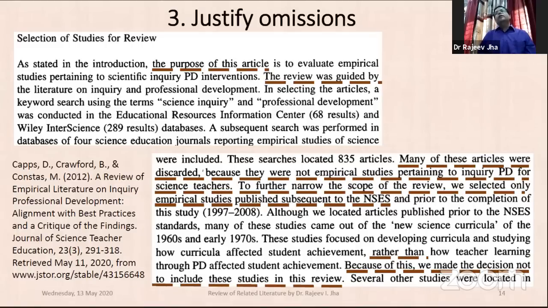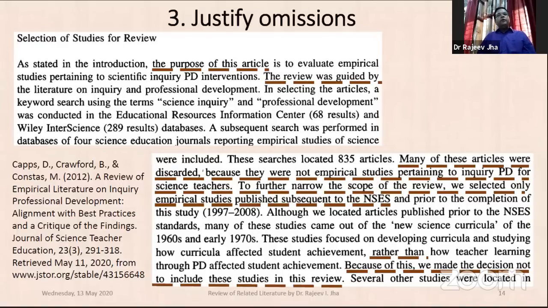Thank you. The third purpose is justify omissions. In this example, it is mentioned as the purpose of this article, then the review was guided by which type of research. But then you find after that, the author is saying many of these articles were discarded because they were not empirical studies pertaining to inquiry, professional development for science teachers.